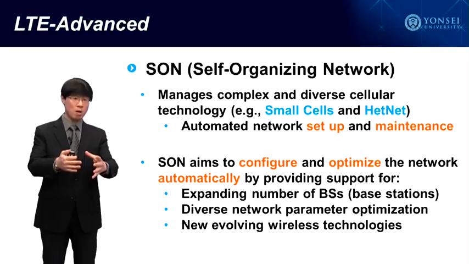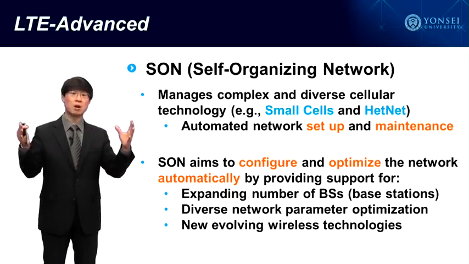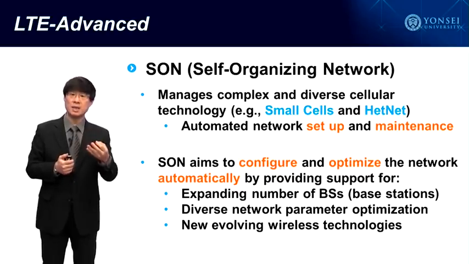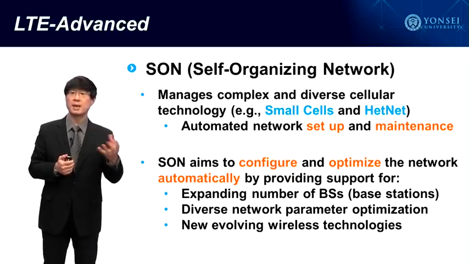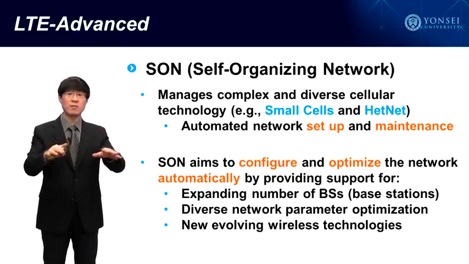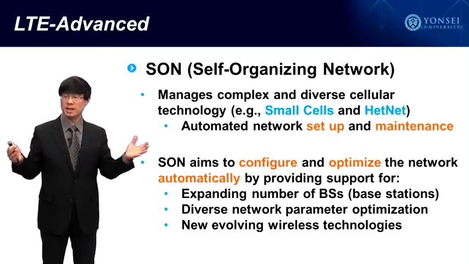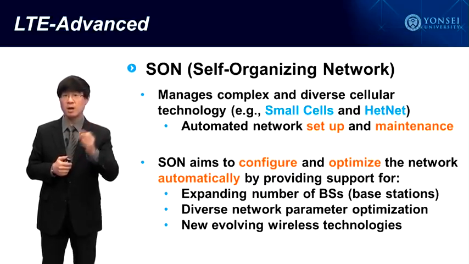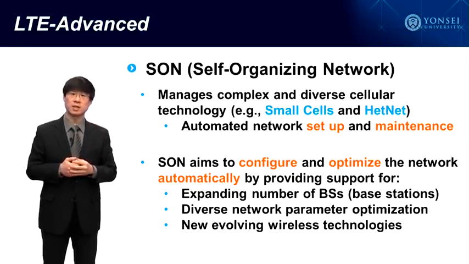Some cells are small, very small, some are large. Then we need some type of coordination. We need our cells, our base stations, to be set up and maintained and limit the amount of interference they're going to have on other cells that may exist in neighboring areas. How do we do that? That's where SON technology is needed.